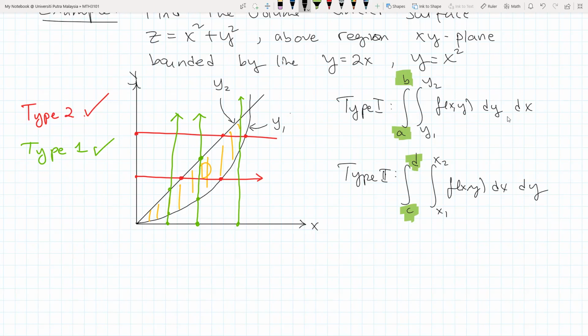Is it better to use type 1 or is it better to use type 2? Based on the equation that I wrote.